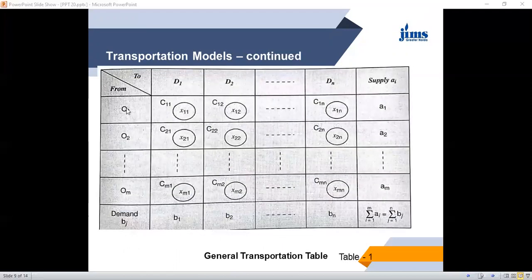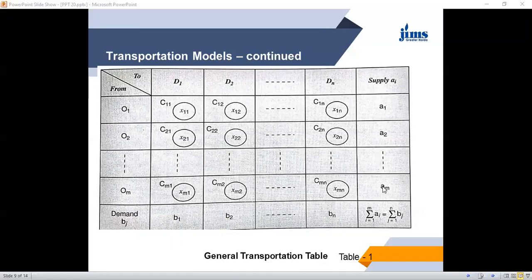So say these are the sources from where supplies are to be made to destinations D1, D2, Dn, etc. O1, the supply source, has a limited capacity of A1, O2 has a limited capacity of A2, likewise Om has a limited capacity of Am.